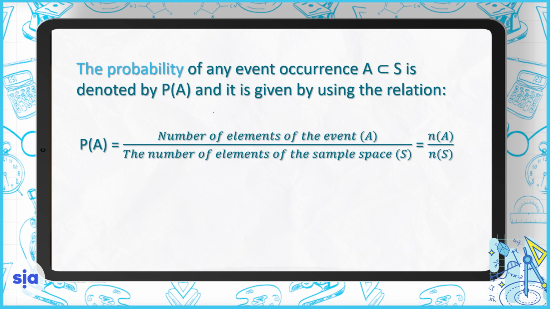The probability of A equals the number of elements of the event A over the number of elements of the sample space. We can easily say that the probability of anything equals a fraction, which is all what I want over all what I have.